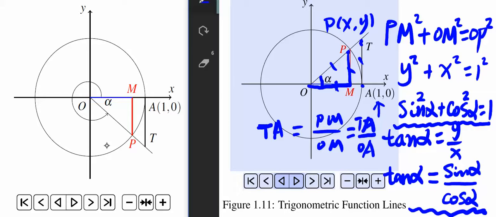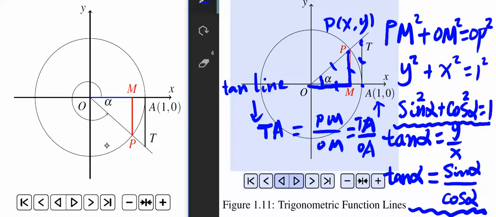TA is also called the tangent line. Let me write tangent for TA.